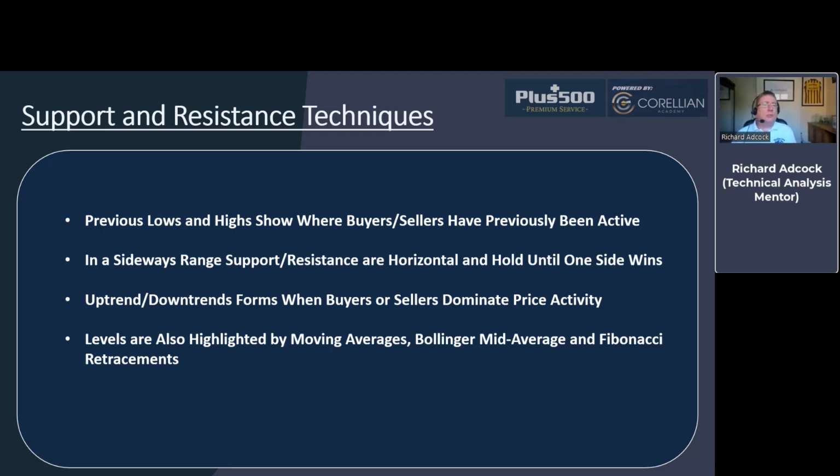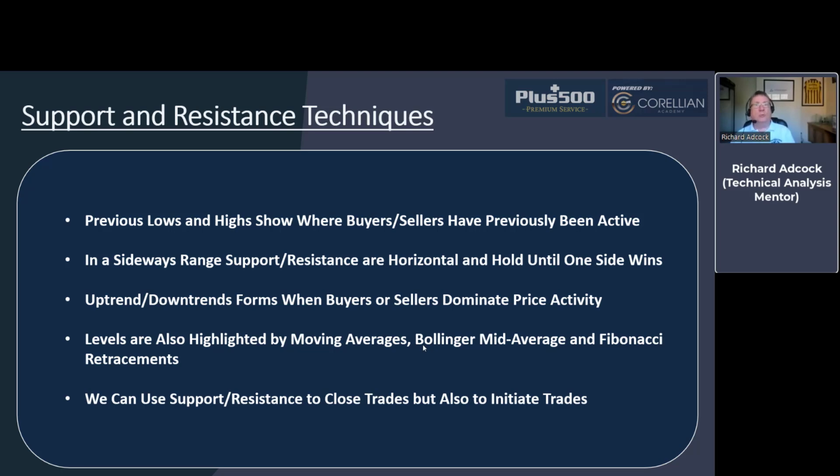When we monitor support and resistance levels, they can also be reflected by moving averages, the Bollinger mid-average, and Fibonacci retracements, so we need to incorporate these tools. And we can use support and resistance levels to close trades.